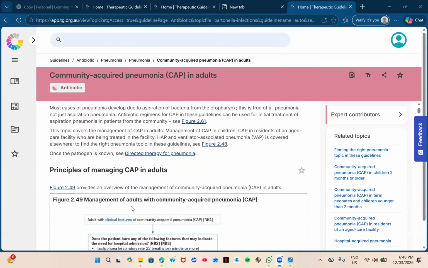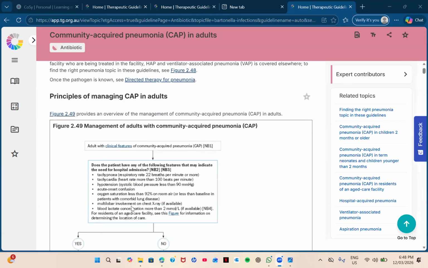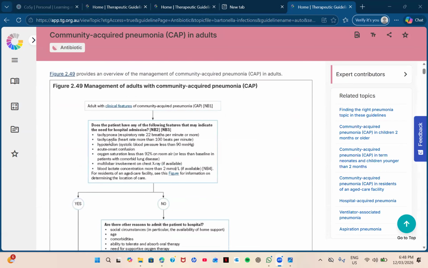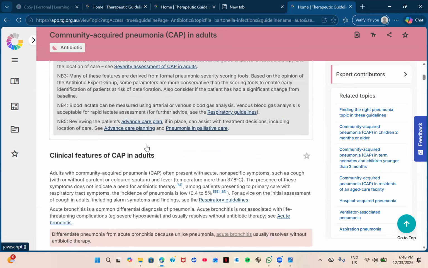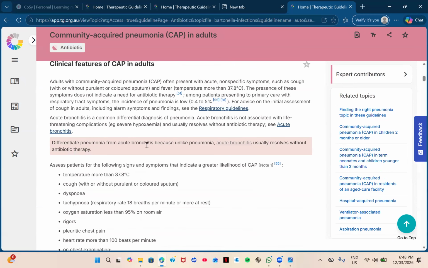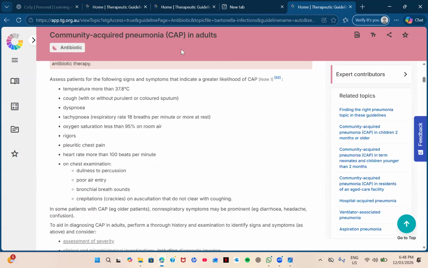So let's see how you should manage these patients. First of all, tell me what are the clinical features of pneumonia? Quickly, we don't have much time. Cough, fever, dyspnea, tachypnea, saturation less than 95, pleuritic chest pain, rigors, heart rate more than 100. On chest examination, dullness to percussion.